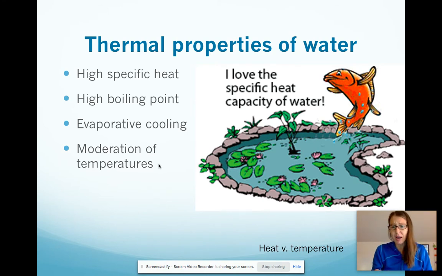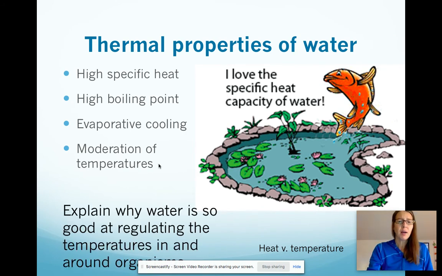So it doesn't take a lot of energy to pull apart methane molecules, right? But at the same time, it actually takes a lot of energy to do water. So the structure of water allows it to have these thermal properties. So you need to explain why water is so good at regulating the temperatures in and around organisms.